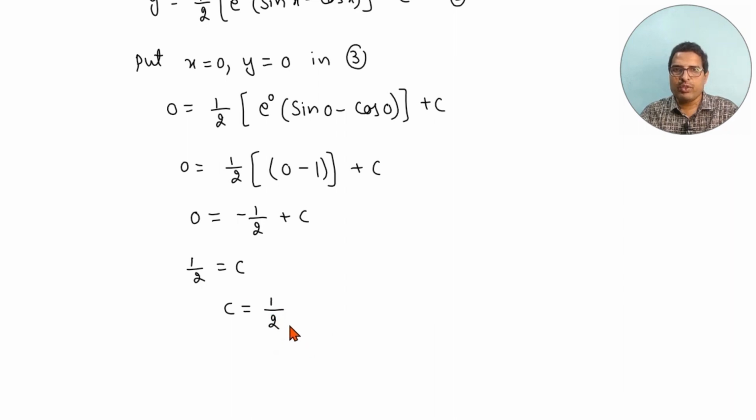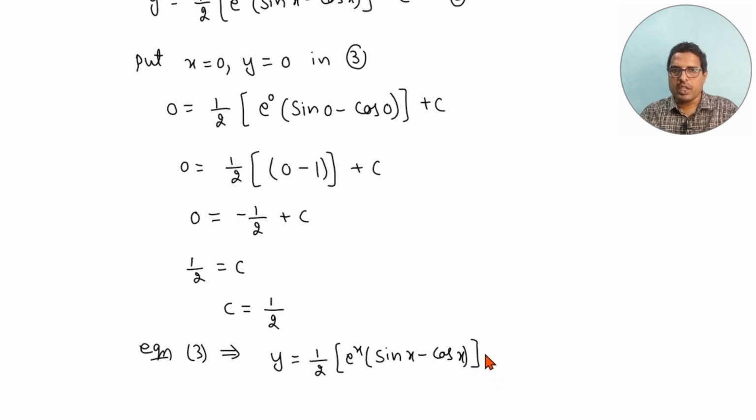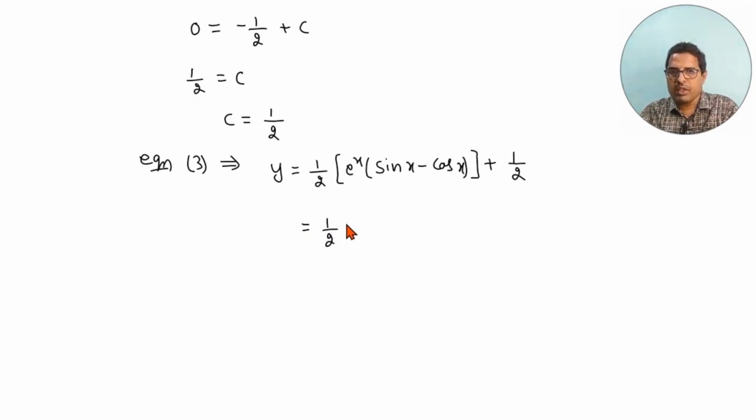So substitute the value of c back in equation number 3. So equation number 3 will imply y is equal to 1 by 2 times e to the power x into sin x minus cos x, and plus the value of c, which is half. Now if I take the half value as common, I will be left with e to the power x into sin x minus cos x, and this plus 1.